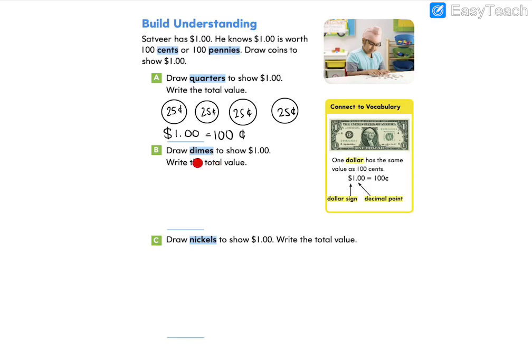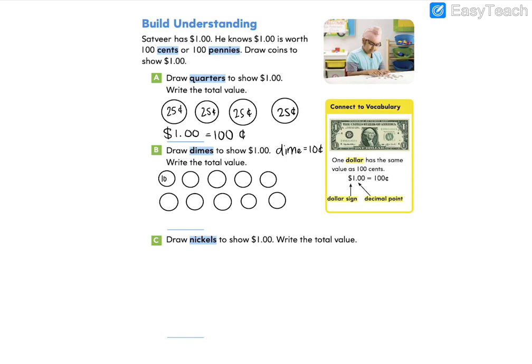Now let's do the same thing with dimes. Remember, a dime is equal to 10 cents. So let's skip count by tens. We're going to need to draw our dimes a little smaller than we drew our quarters. 10, 20, 30, 40, 50, 60, 70, 80, 90, 100.